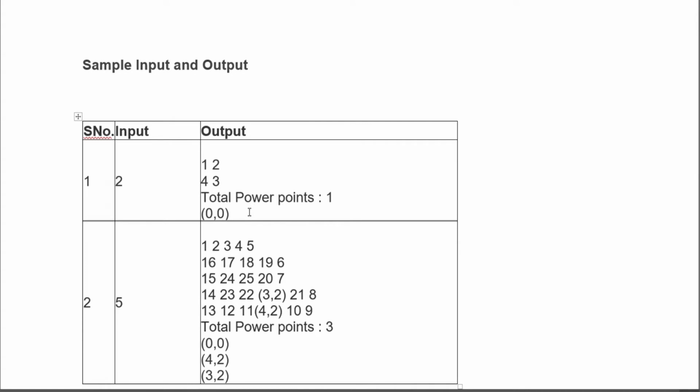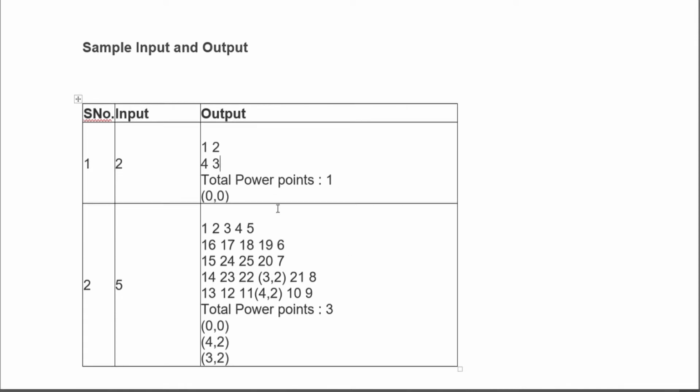These are very important, half of the question you can understand by this also. If the input is 2, then you have to print 1 2 3 4, and the total power point that he collects is 1, that is at 1, so 0 comma 0. And after that, when the input is 5, we have created this 5 cross 5 matrix, and this is the way he sequentially moves, like 1 2 3 4 5 6 7 8 9, and then 10 11 12 in this way.